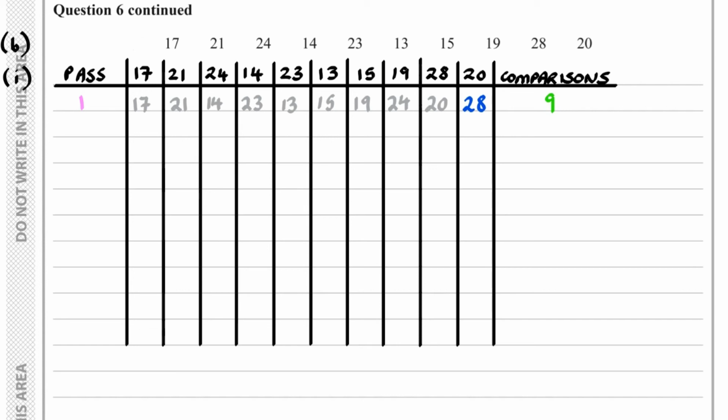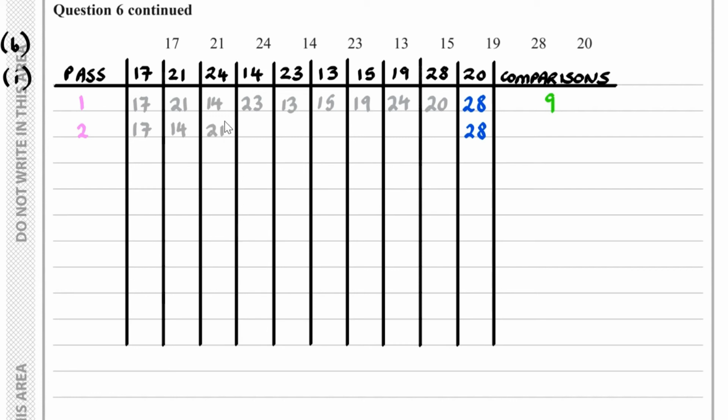Next, if we take a look at the second pass, well, the 28 will remain where it is. We compare 17 with the 21, 17 smaller. We now compare 21 with 14, 14 is smaller.